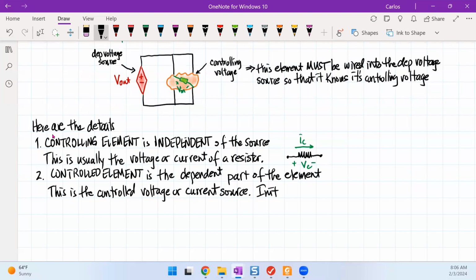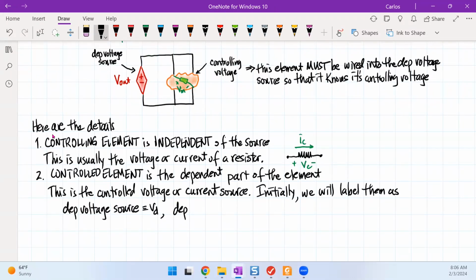Initially, we will label them with the D as the dependent voltage source, I'll call VD initially, and the dependent current source, I'll call ID.